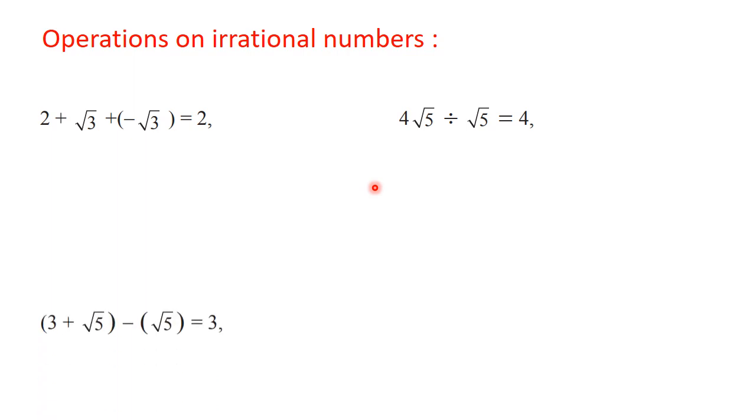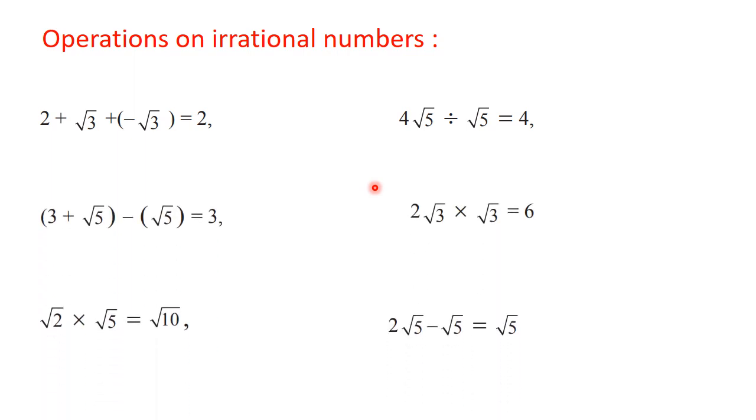Let's see more examples. I am displaying all. See here now, this is one irrational number, and this is also an irrational number. Subtraction is done; the minus sign shows subtraction. Here also root 5 will get cancelled and we get 3. Similarly, this is an example of multiplication. 2 root 3 is irrational and root 3 is also irrational, but their multiplication is 6, which is rational.